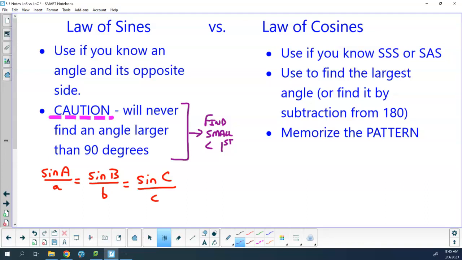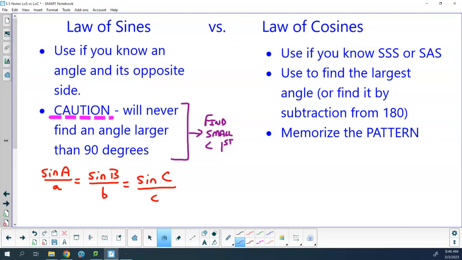Smaller angles have shorter opposite sides. Bigger angles have bigger opposite sides. So if I'm looking at two sides and I don't know those two angles, because I will only be given one angle in this scenario, I've got to look at the smaller of the two sides. If I'm given two angles, I know all three angles.